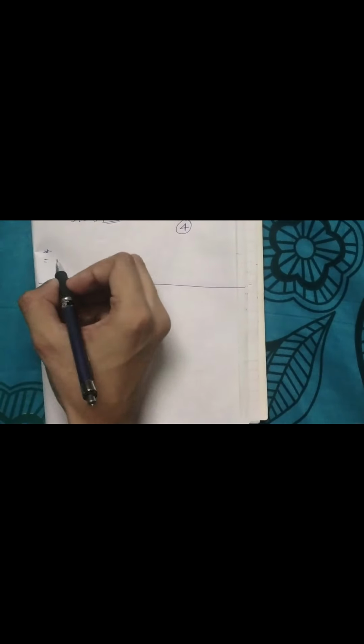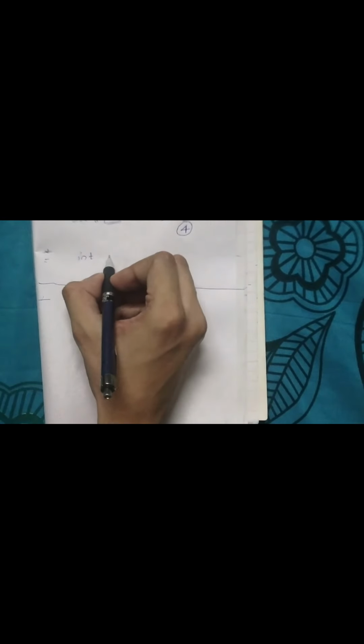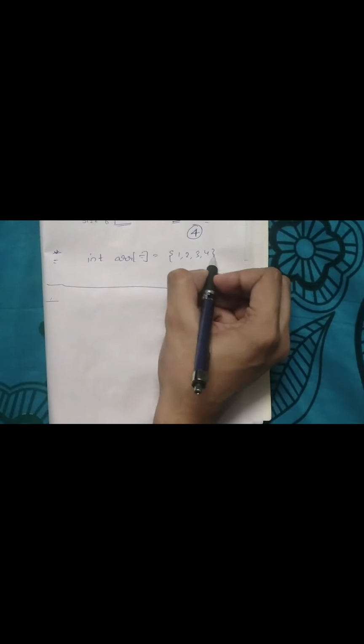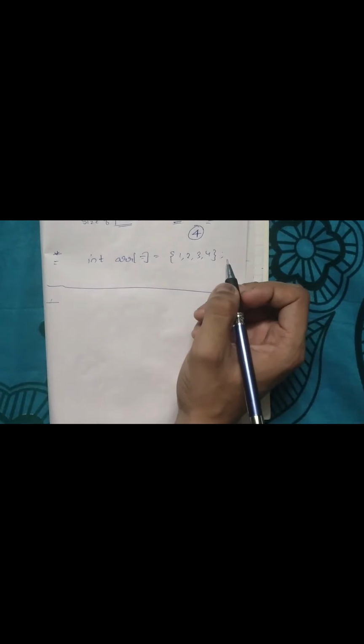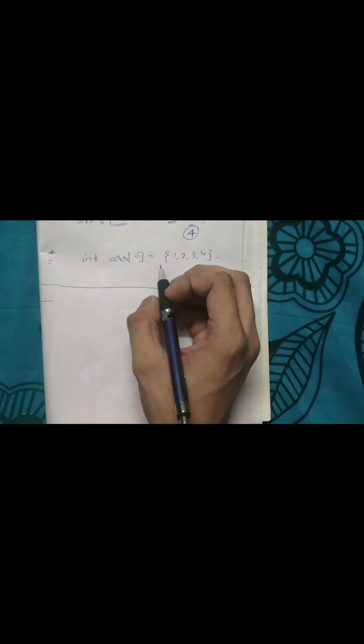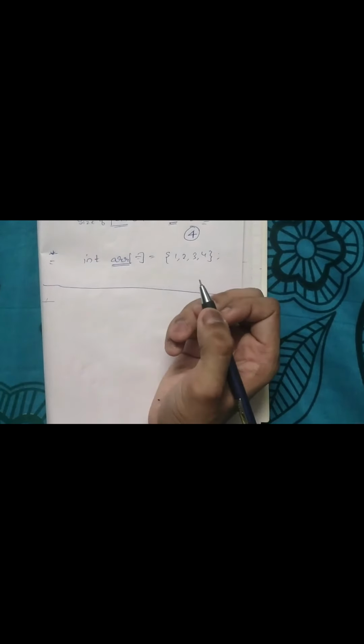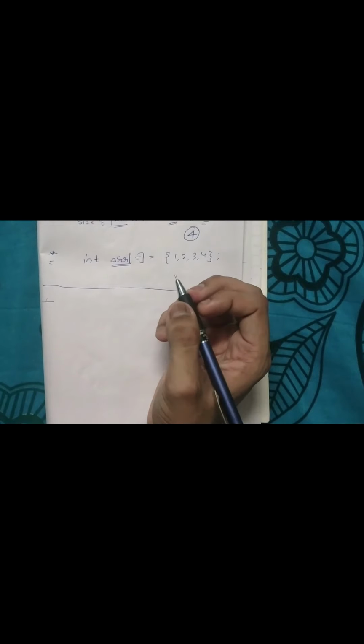Okay, so now let's see how it works with arrays. In arrays, you have an integer array 1 2 3 4. Like you may know, an array is stored in contiguous memory in our main memory.